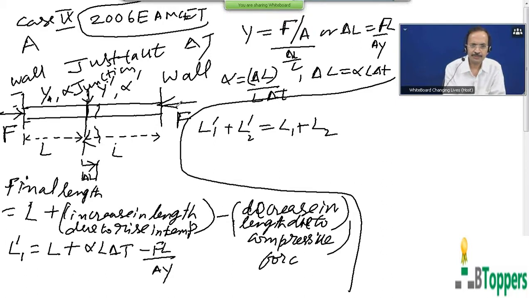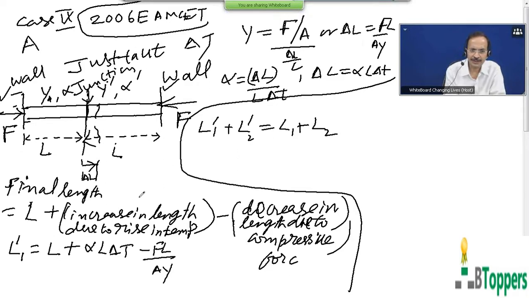Because one of the ends of each rod is connected to a rigid wall or support, the distance between the two walls or supports is constant, which is equal to L plus L, or L1 plus L2. So the sum of the final lengths of the rods when the system's temperature is increased by delta T can be taken as the same as the initial length before the rise in temperature. We'll assume that there is no bending in the rods and this expansion or compression is within the elastic limit.